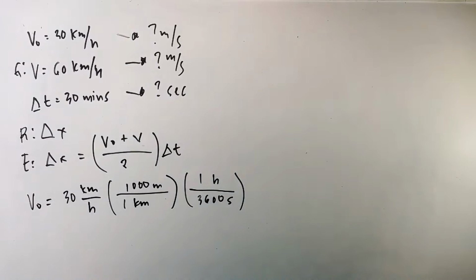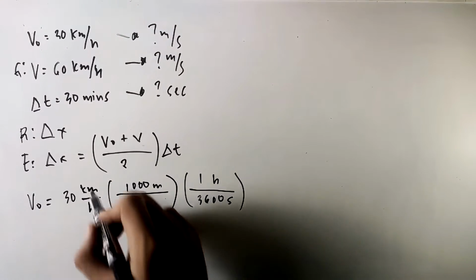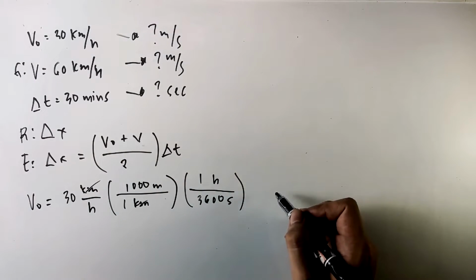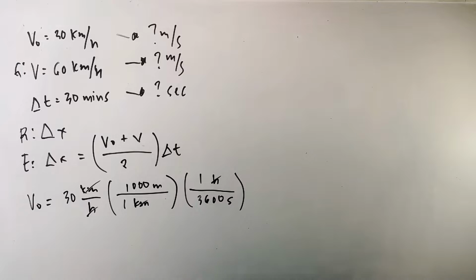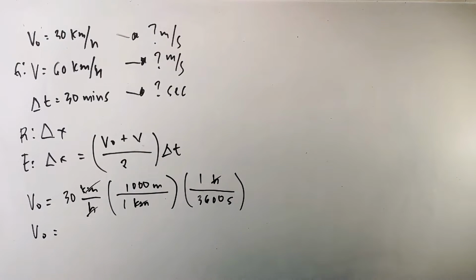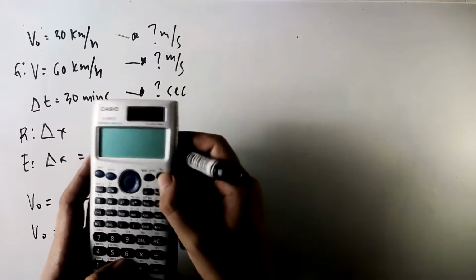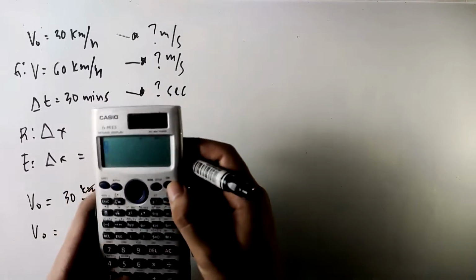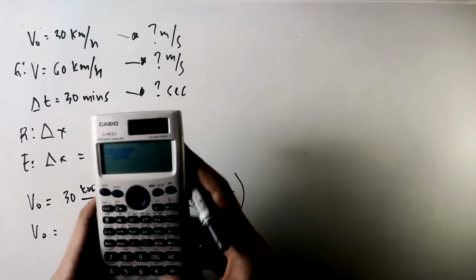Okay, so these are the same, so cancel them out. Then this one is the same, so cancel them out. So the final value of v sub 0 is 30 times 1000 divided by 3600. So let's write that on our calculator. 30 times 1000 divided by 3600.